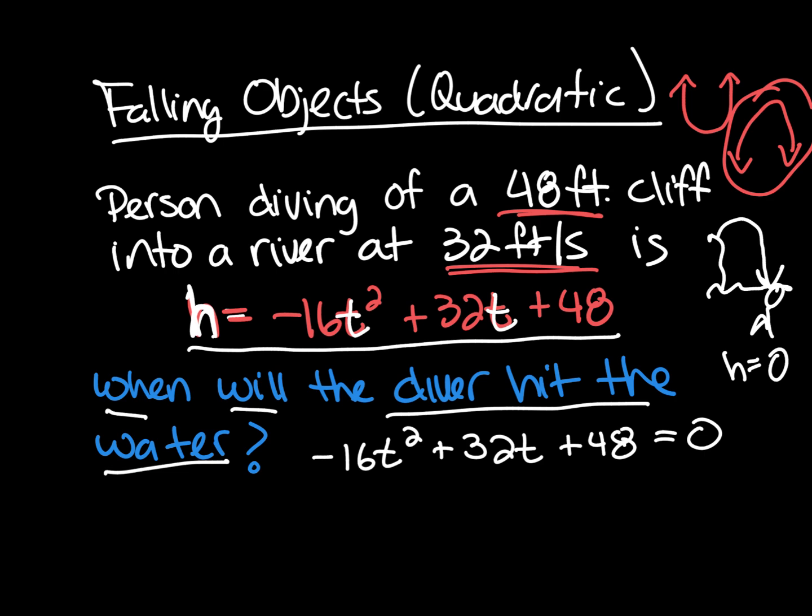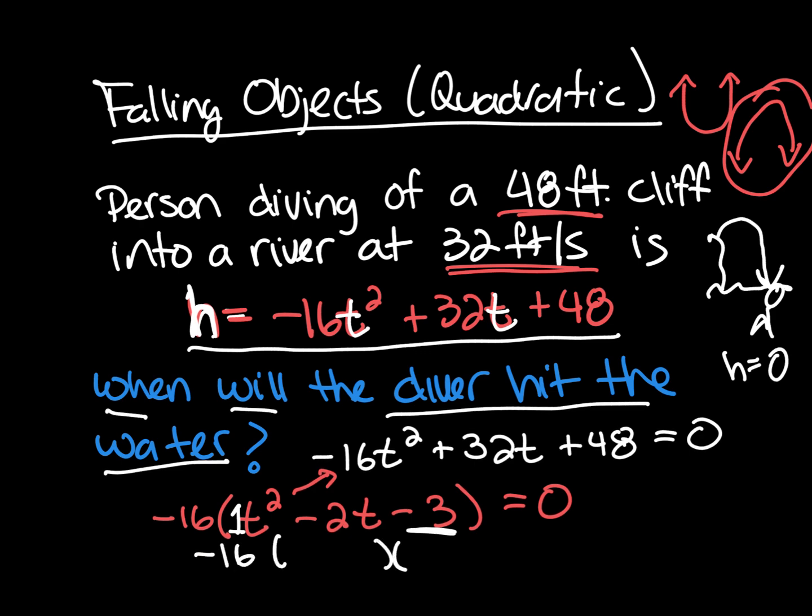I see that this is a trinomial, but I also see that it leads off with a negative, and it most definitely has a GCF of 16. So the first thing I'm going to do is factor out the negative 16 so I can see what's left. After I take out the negative 16, I have a trinomial where the leading coefficient is 1.